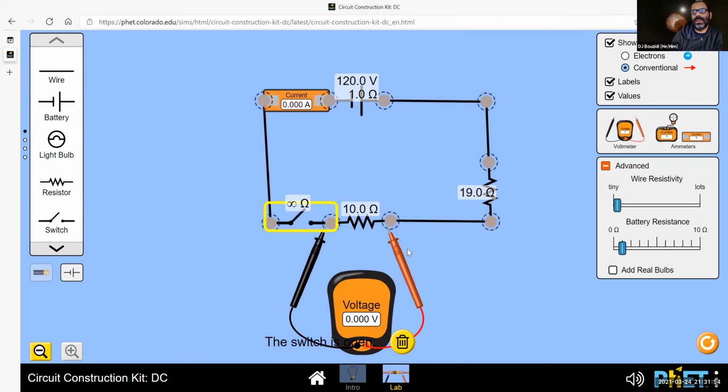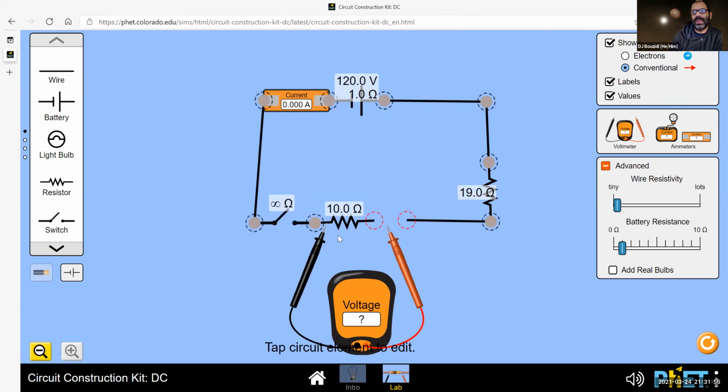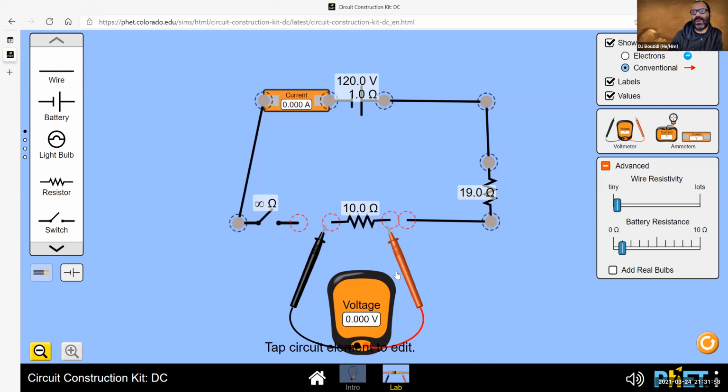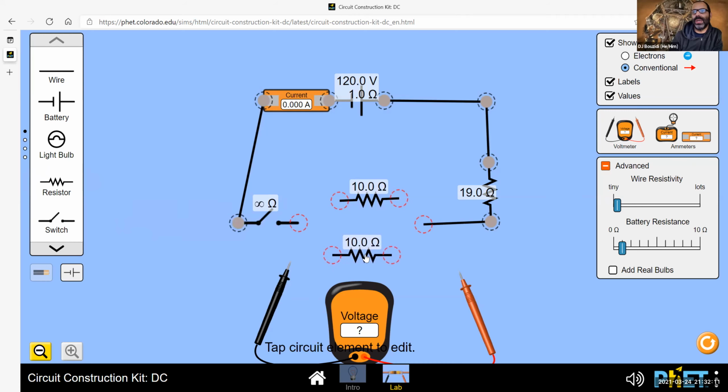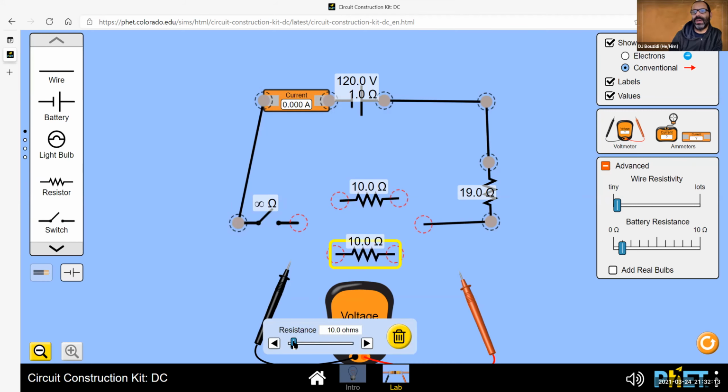Let's close this, open the circuit. Let me cut this point in here. Let me cut this one from here also. Let me move the ends of the voltmeter and take this resistor and put it in here. Take another resistor now and bring it in here. Make sure that this resistor, if I click on it, is brought to 5.